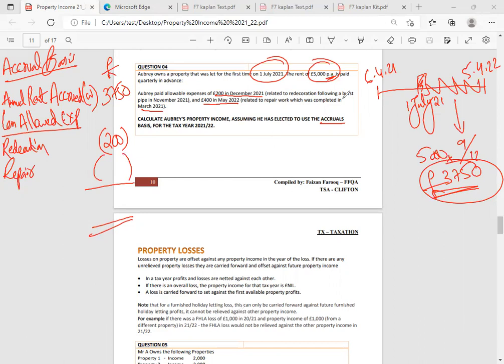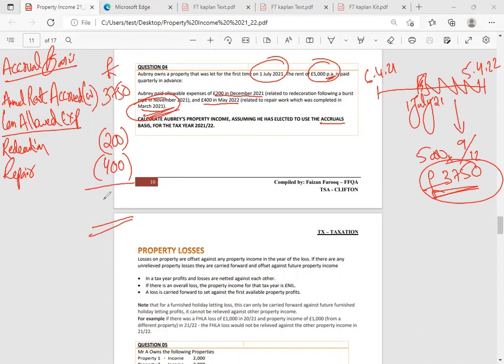Yes, I think we should take it, because the work was completed in March, and this is accrual, and accrual means linked. Accrual means if it belongs to the tax year, we should take it.